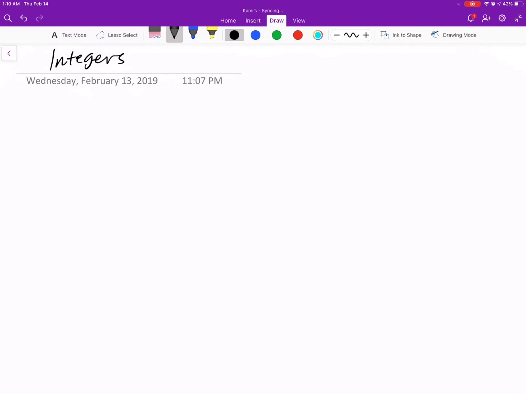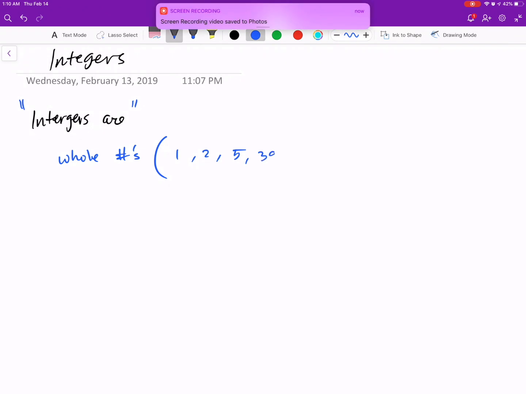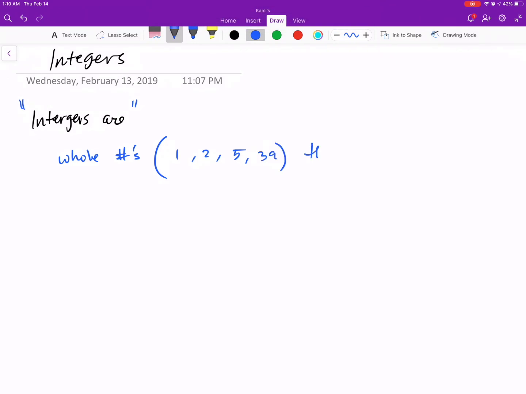Alrighty, what are integers? Oh wait, blue, this will be in blue. Integers are whole numbers, such as 1, 2, 5, 39, that can be negative.